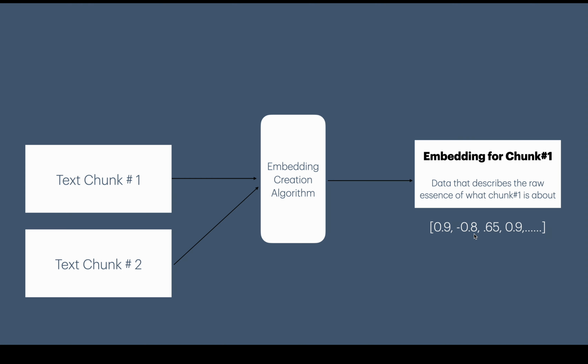It would be in the range of -1 to 1, and usually of length 1536. So no matter what the size of the chunk is, it's always going to generate an array of numbers whose size would be 1536.